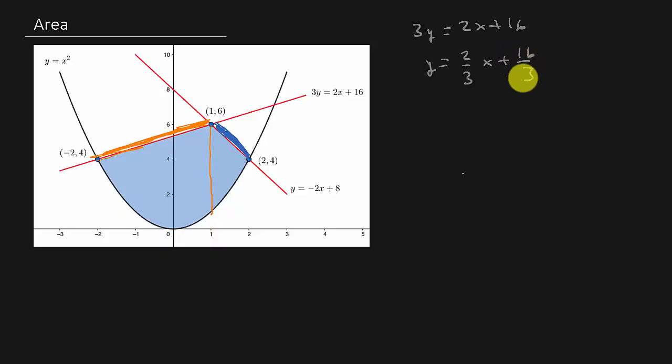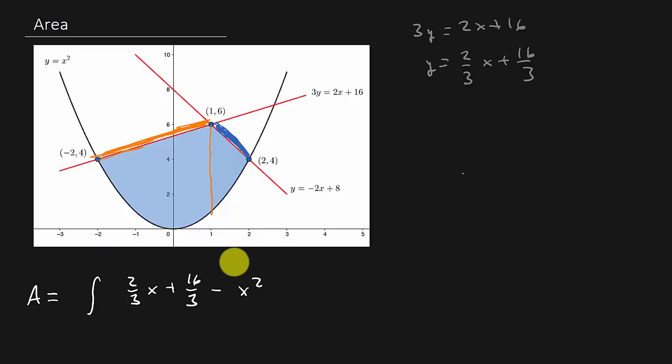Okay, that's that line right there. So our area to set up our integral is going to be the integral of this line that's on top. So that's going to be 2/3 x plus 16 over 3 minus the curve on bottom. Well, the curve on bottom is y equals x squared, so minus x squared. And we're going to integrate that.